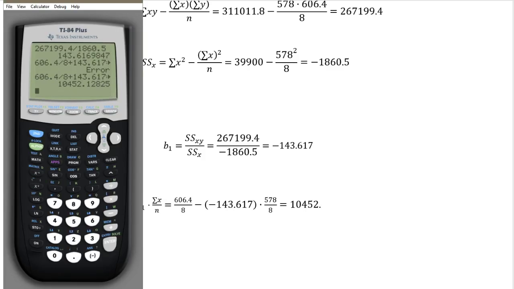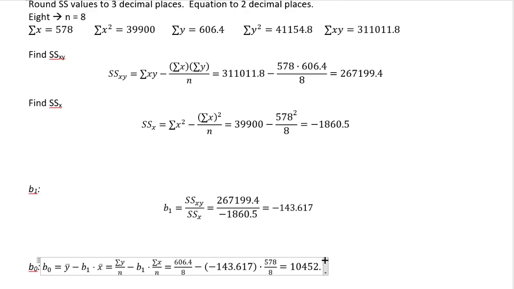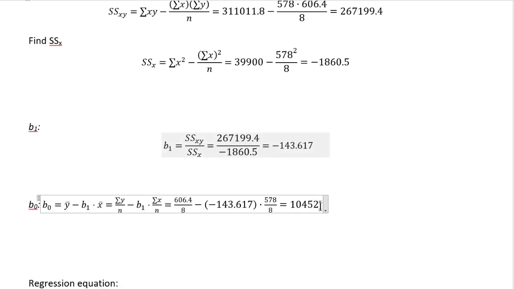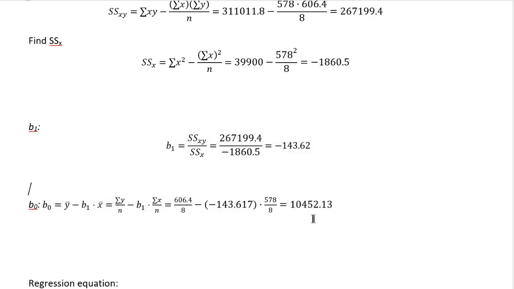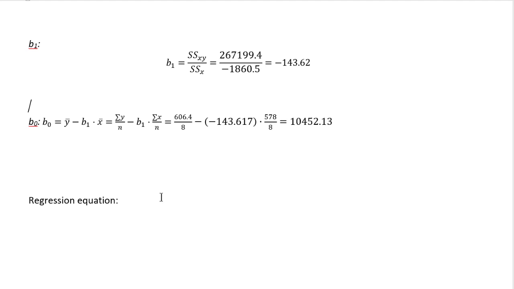It says 2 decimal places, so I'll just put 13, and this one just put 2. Okay, so we know the B0 and B1, and now the regression equation is y hat equals B0 plus B1 x1.